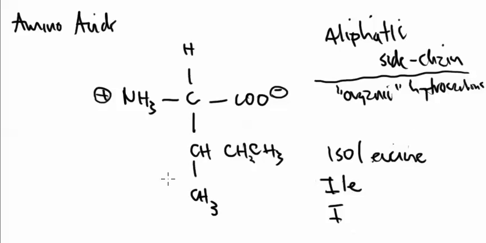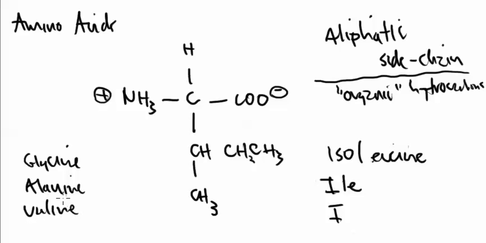So aliphatic side chain amino acids include glycine, alanine, valine, leucine, and isoleucine. So those are your 5 that fall into that set of amino acids.